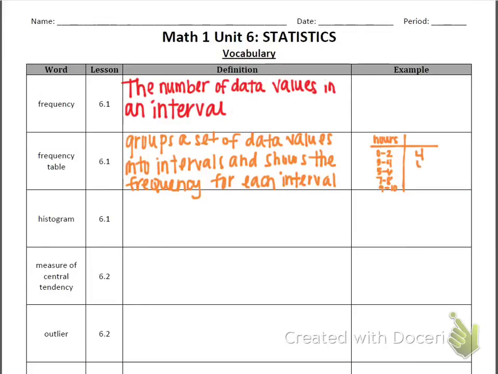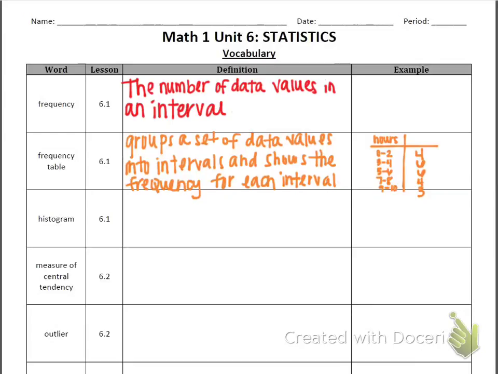Let's say 6 students study 3 to 4 hours. Let's say 6 students study 5 to 6 hours. 4 study 7 to 8 hours, and 3 study 9 to 10 hours a week.